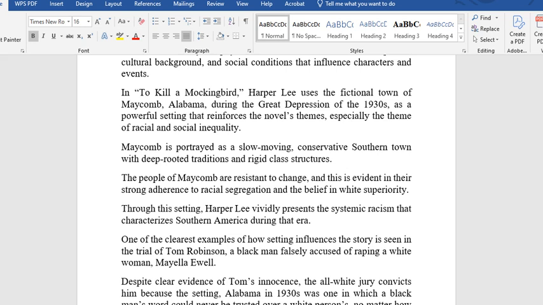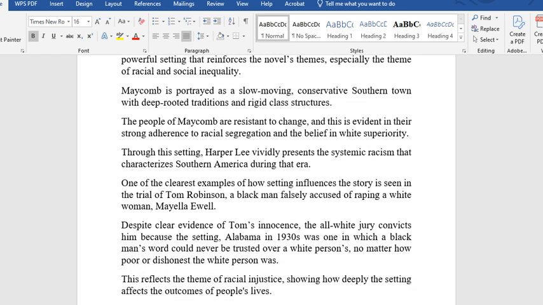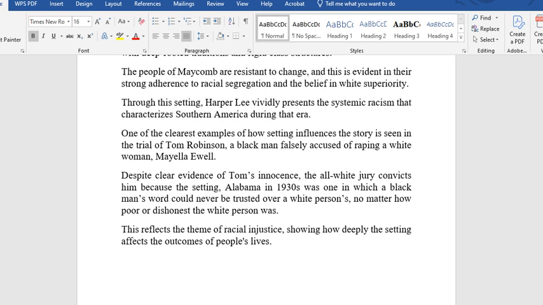The people of Maycomb are resistant to change, and this is evident in their strong adherence to racial segregation and the belief in white superiority. Through this setting, Harper Lee vividly presents the systemic racism that characterizes Southern America during that era. One of the clearest examples is the trial of Tom Robinson, a black man falsely accused of raping a white woman, Mayella Ewell.